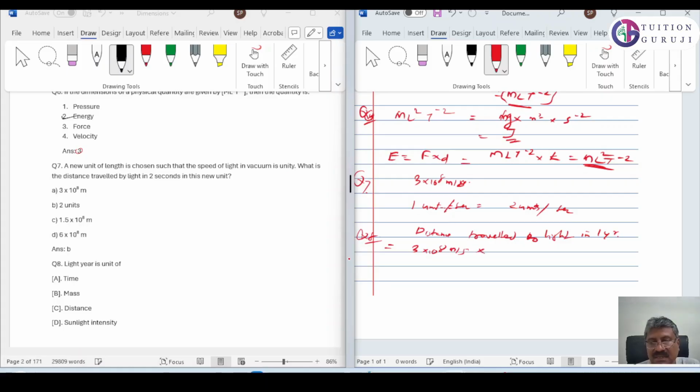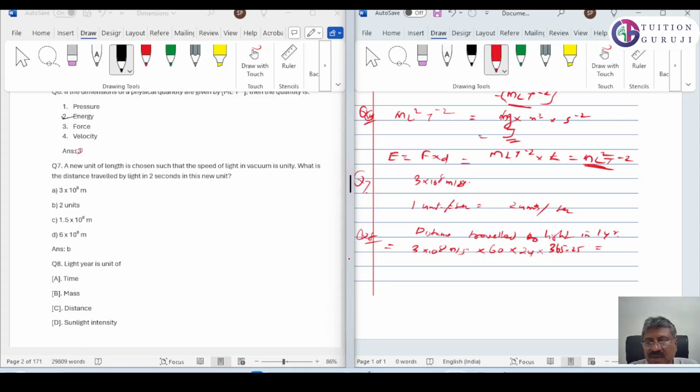That is per second, right? If it is per minute, multiply by 60. If it is per hour, multiply by 24. Then if it is per day, you have to multiply by 365.25. So this is the speed of light.